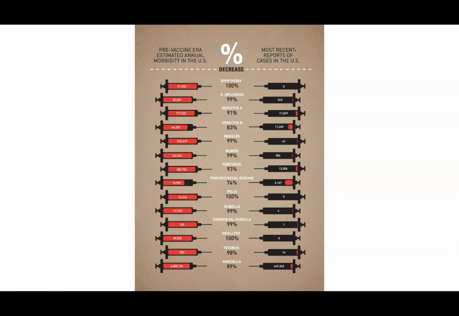Things like diphtheria essentially don't exist in the United States anymore because of vaccination. Measles, you can see measles, 500,000 cases a year down to very low numbers, right? So you're seeing essentially a tanking of all these major diseases that can cause death or even permanent issues, being eradicated or extremely tamped down by vaccination.